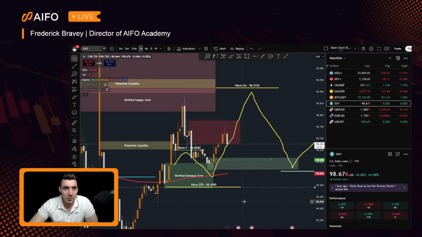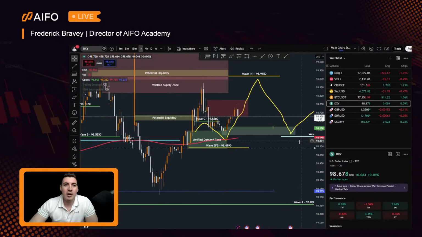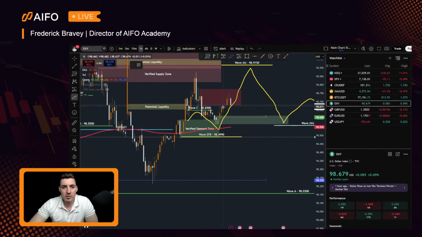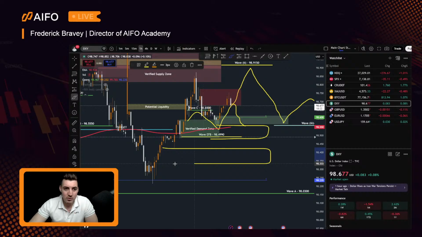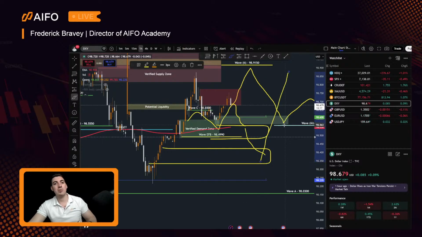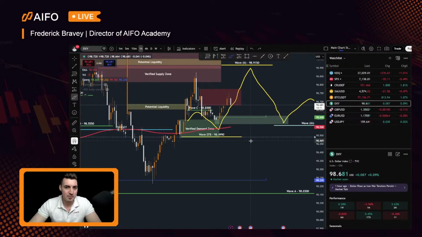Let's take a look at the DXY. Yeah, so okay, that would make a lot of sense. Hopefully it comes down. It will need to grab liquidity resting below these lows, and then we'll see a sharp movement up. That's what we might see with this economic data coming out.